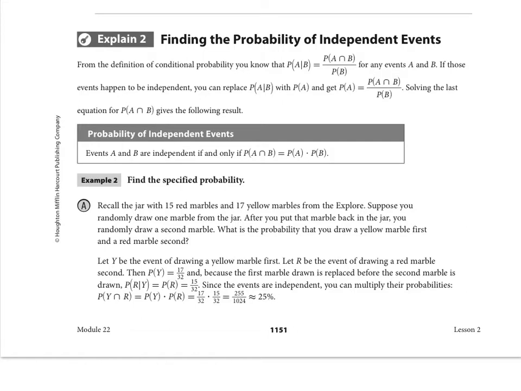And then finally, solving the last equation so that we no longer have a fraction, and simply multiplying both sides of this equation by the probability of B, that gives us a new formula for the probability of specifically independent events. So events A and B we can say are independent if and only if.